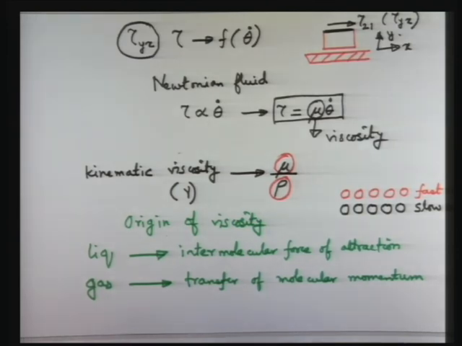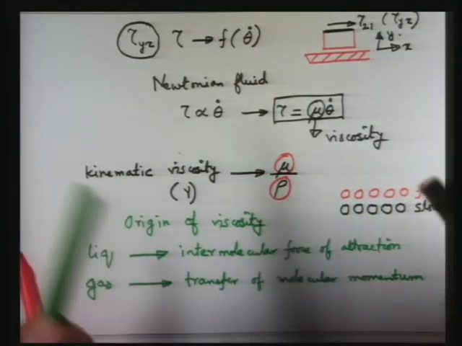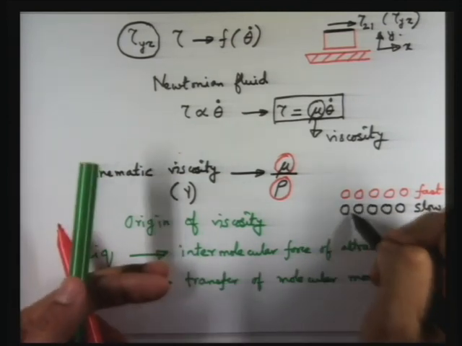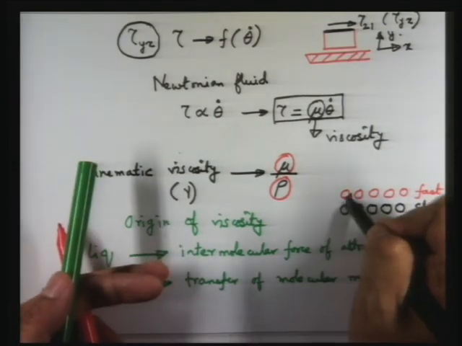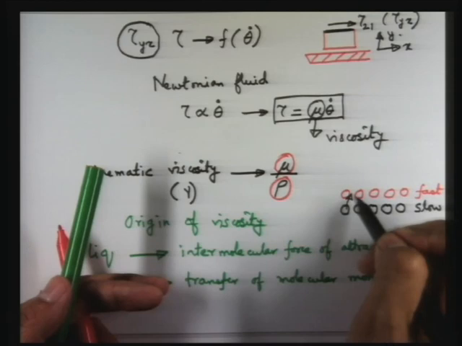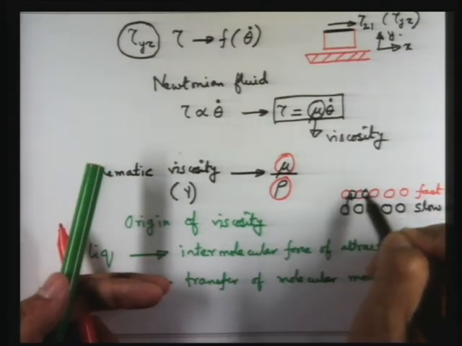These molecules are vibrating with respect to their mean position, and they are having all sorts of motion, translation, maybe rotation also. So in this way, when a slow moving molecule joins the layer of the fast moving molecule, what does it do? It tries to slow down the fast moving layer.